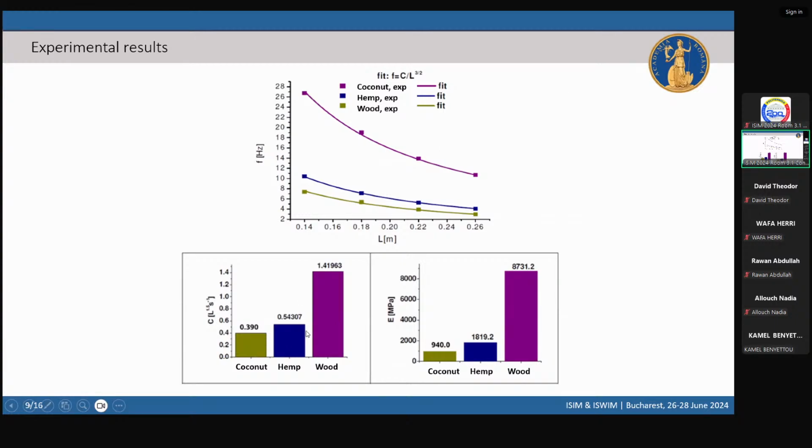And here are the coefficient C values, and here are the values of the Young modulus obtained for these examples.